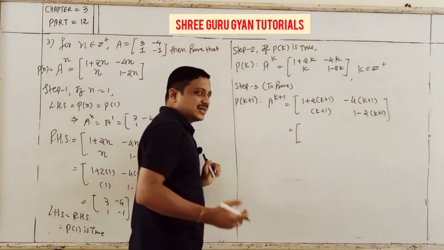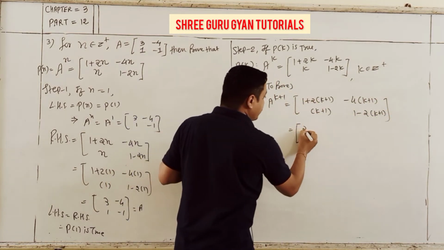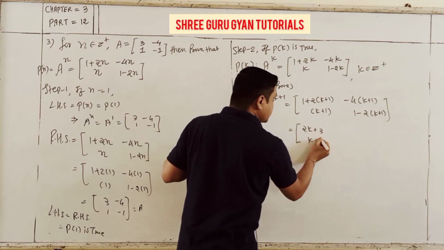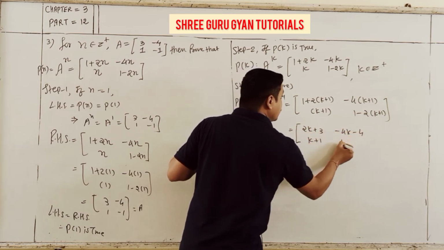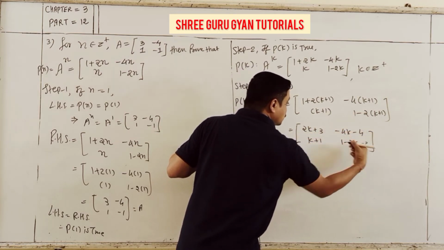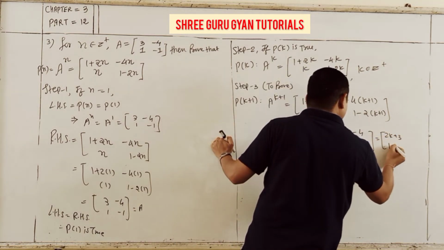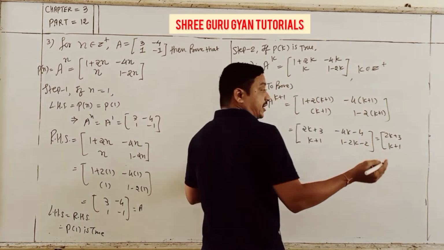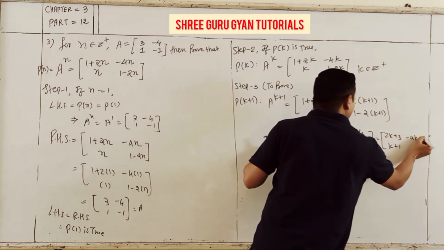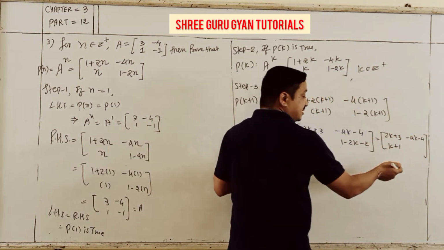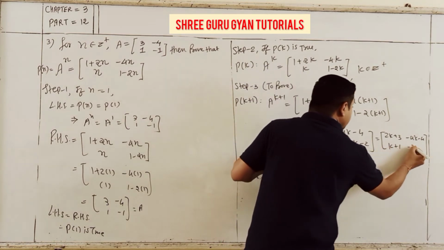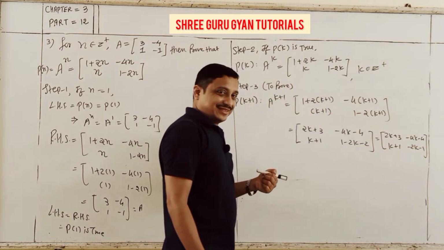You just expand the total. Here 2k plus 3, k plus 1, here minus 4k minus 4, and here 1 minus 2k minus 2. In short, what do you get? 2k plus 3, k plus 1, next minus 4k minus 4, and last minus 2k minus 1. That's the answer.